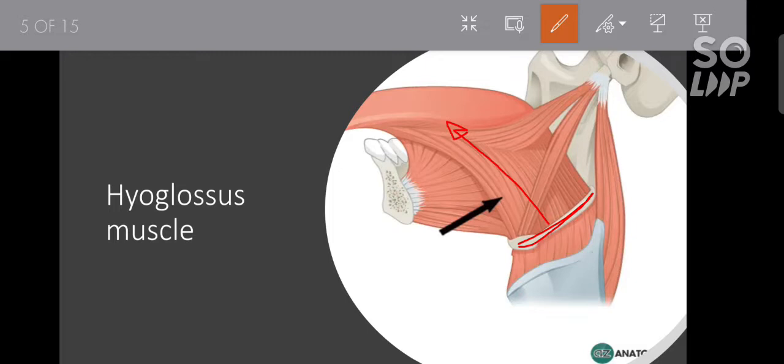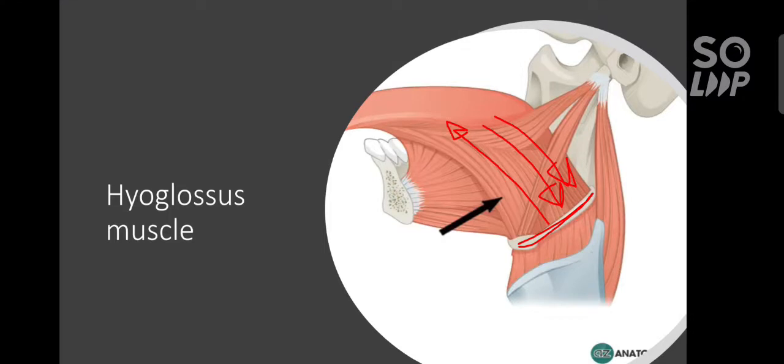As we said before, when a muscle is in action, it moves from the insertion to origin. So imagine this action from insertion to origin. Here, the movement of the tongue will be downward. So the action of Hyoglossus muscle is tongue depression.